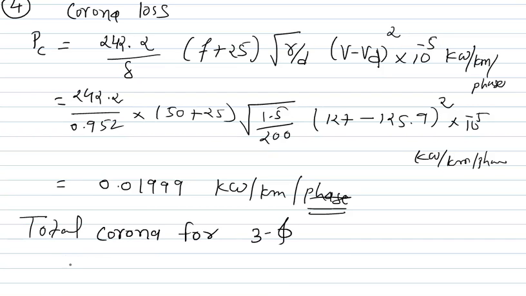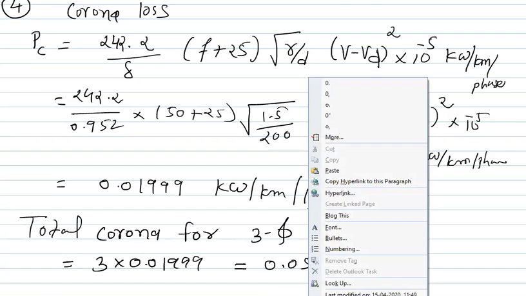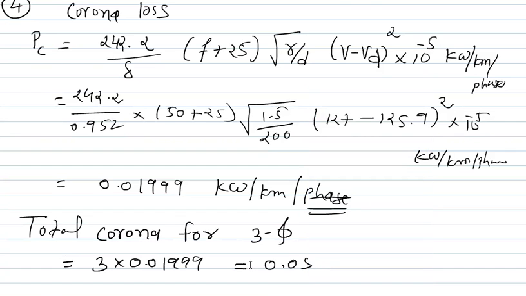What we need to do is multiply 3 with 0.01999, and the answer is 0.05998 kilovolt per kilometer, right? So this is the answer.